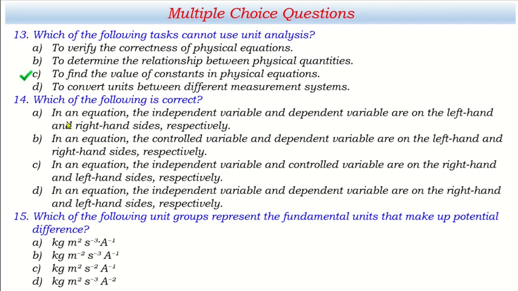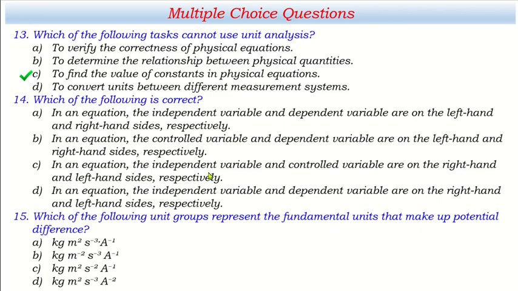Which of the following is correct? In an equation, the independent variable and dependent variable are on the left hand and right hand side respectively. No, actually the dependent variable is always on the left hand side, and the independent on the right hand side. The control variable and dependent variable on left and right respectively: also not correct.